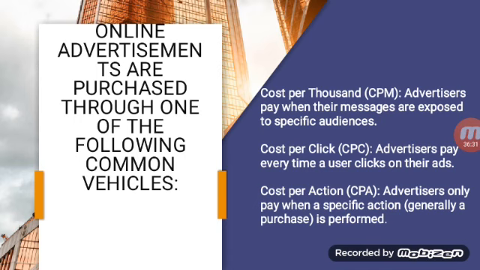Okay, let's recall once again. The first vehicle is cost per thousand, CPM. You go into a blog, or you are a blogger, you post an advertisement link in your blog, a website user reads your blog, and when the website user clicks on the advertisement, automatically the advertiser, the marketer, will pay the blogger.